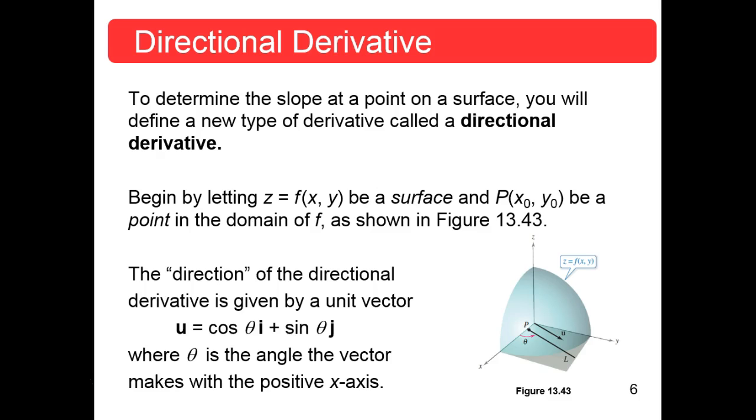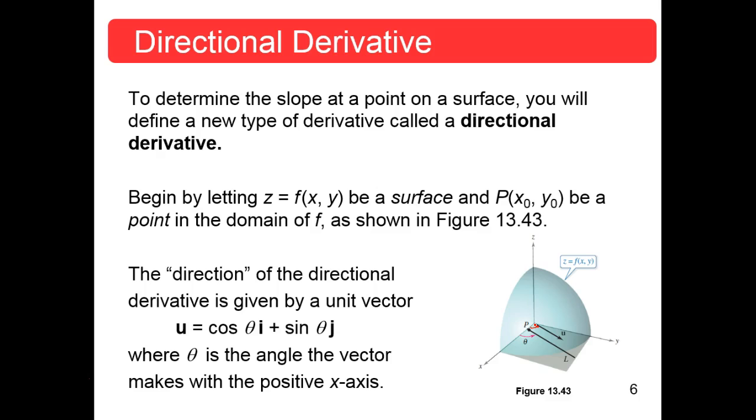Where theta is the angle the vector makes with the positive x-axis. Now, it's a unit vector, okay? They show it coming from the origin, but the angle theta is the same as the angle theta there, okay? So this line that P is on is parallel to that unit vector because their angles are the same, okay?